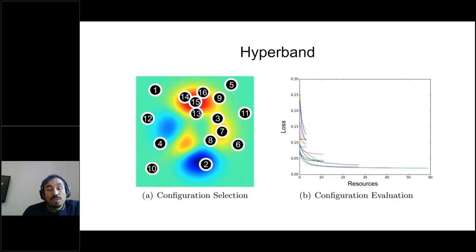Here, the best configuration is colored in red. And on the right, you can see the evaluation of each of these configurations. To be honest with you, there were no labels here to see which losses correspond to which configuration, but my guess is that they more or less have the same colors as you have on the left, right?